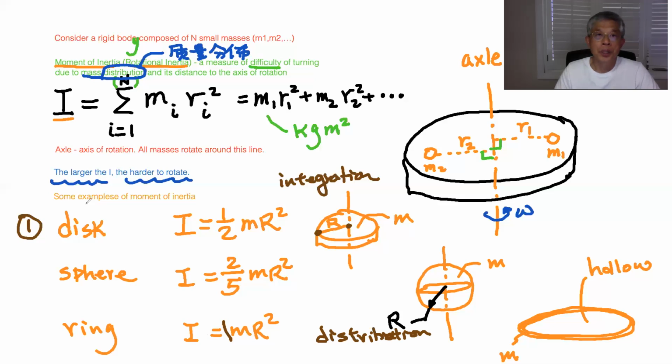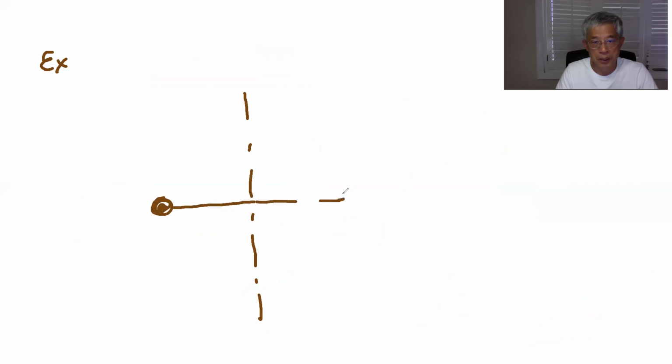So we're going to give you an example. I'm going to clear that, and let's do an example. Let's say you have an axis XO here, and then you have one mass like that and another mass like this, and the rod connecting them is massless.